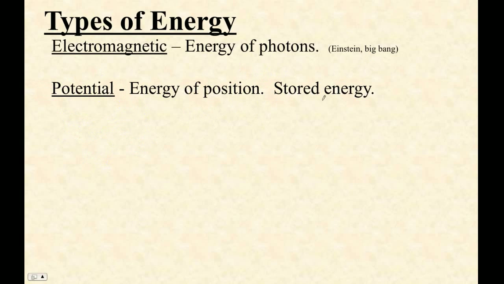This is stored energy. If we have a mass, we could have it sitting on the ground, but we could also lift it up. It has more potential energy when it's in this position than when it's in this position. Or we could have a spring and stretch the spring some distance, and this has energy because it's stored in that position.